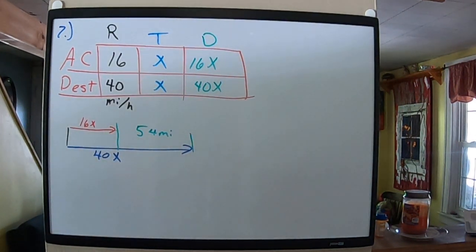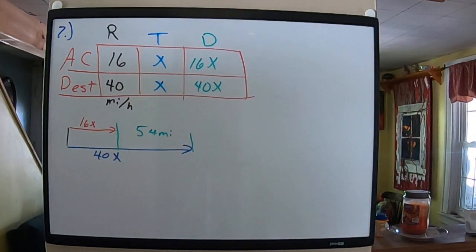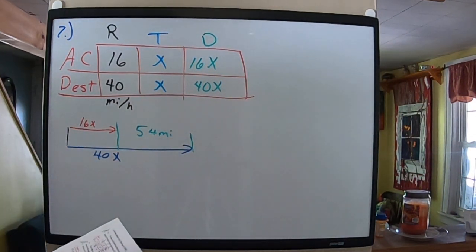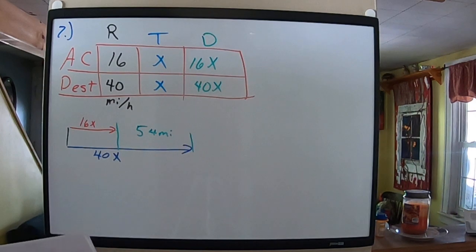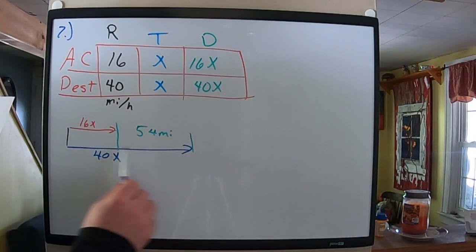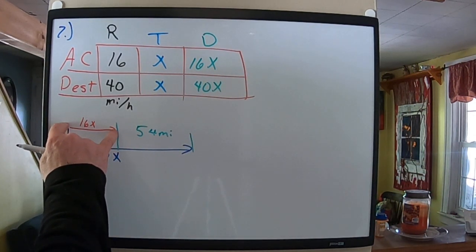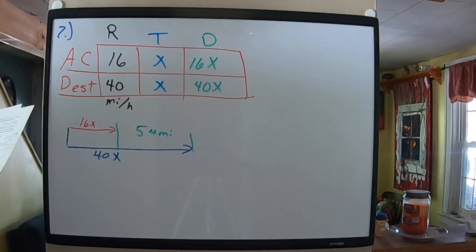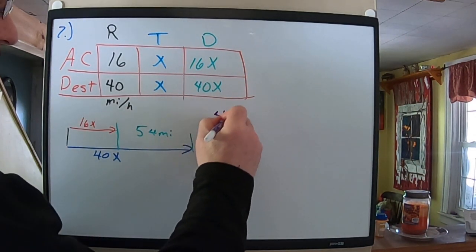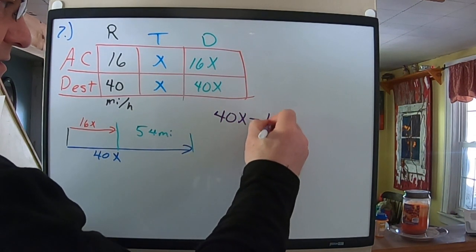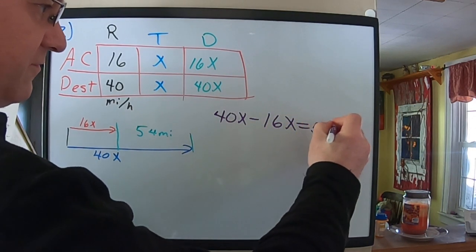So when the distance is 54 miles, that is when they want to know at what time will they be 54 miles apart. So the way you can set that up is this one, the long line minus the short line, equals how far apart they are. So 40x minus 16x equals 54.